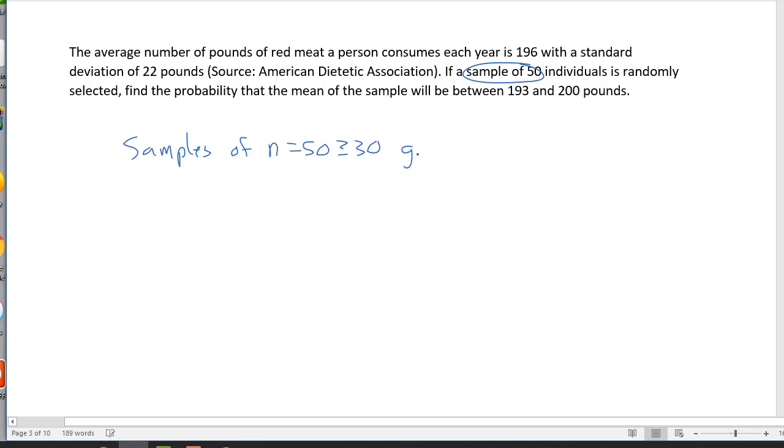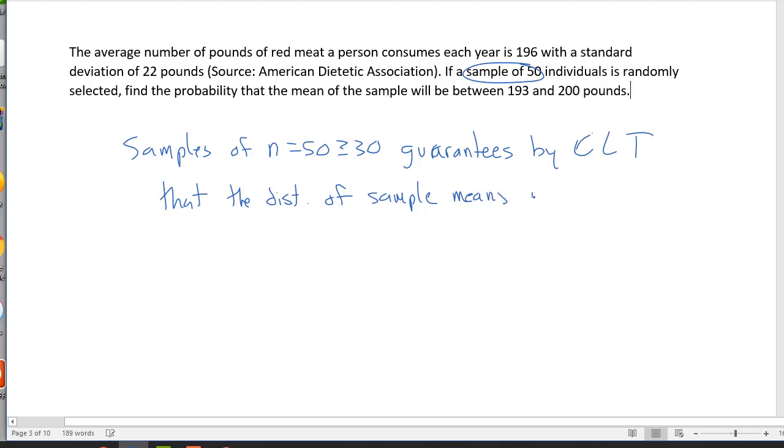That guarantees, by the central limit theorem, that the distribution of sample means will be normal. The distribution of sample means is normal.